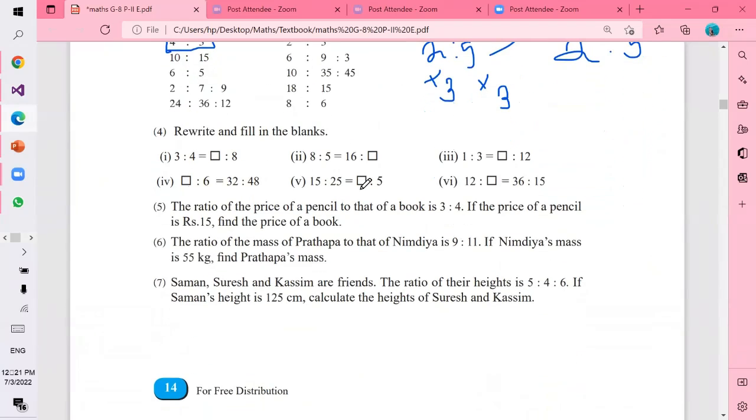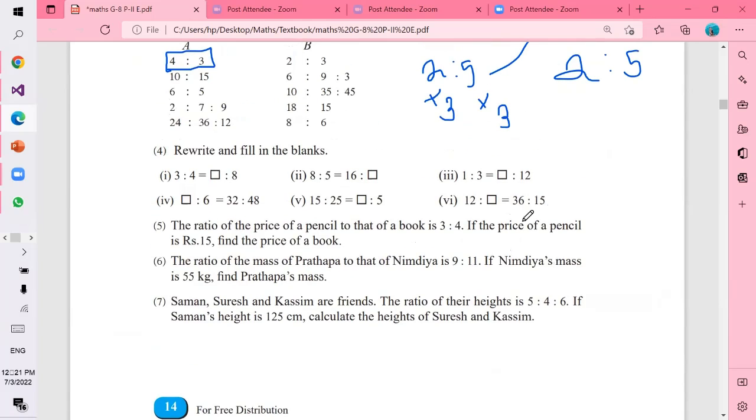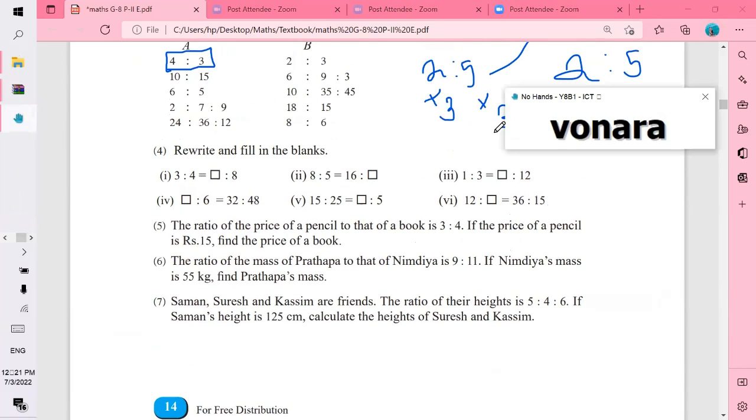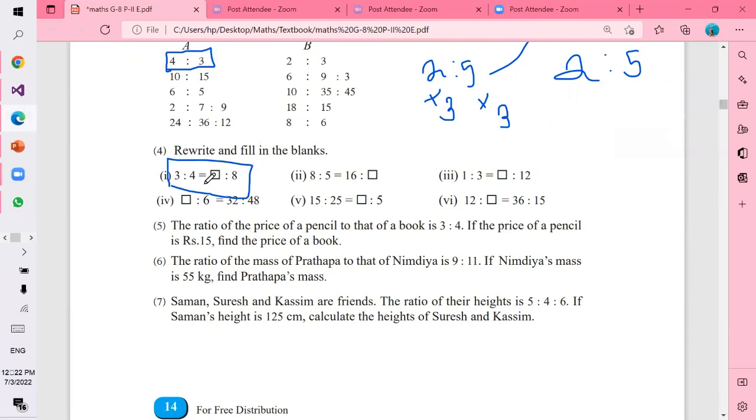Then here you have to fill in the blanks. Let's see who will be the lucky volunteer. Okay, again, it's Wanara. Wanara, answer this one. Fill in this blank. Yeah, I'm doing it on my rough paper.